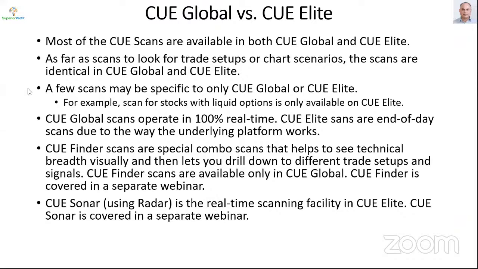Some differences between Q Global and Q Elite. Most of the Q scans are available in both Q Global and Q Elite. As far as scans to look for trade setups or to look for chart patterns or chart scenarios, the scans are identical in Global and Elite.